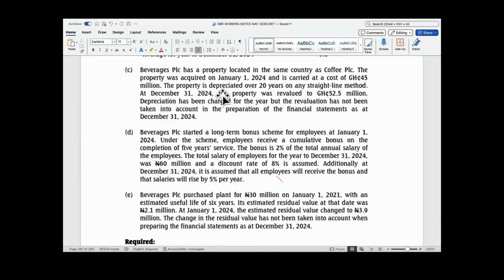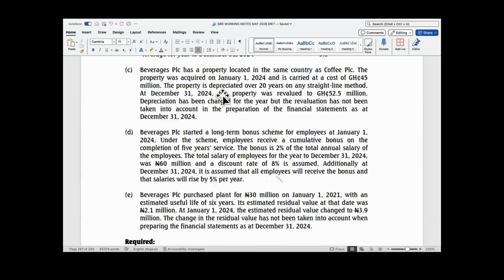The bonus is 2% of total annual salary of the employees. The total salary of employees for the year to December 31st, 2024 was 60 million, and a discount rate of 8% is assumed. Additionally, at December 2024, it is assumed that all employees will receive the bonus and that salaries will rise by 5%.